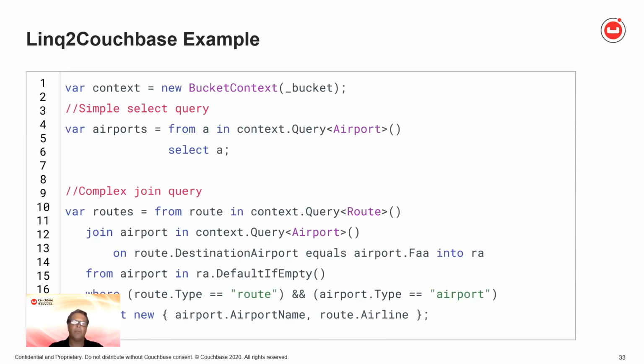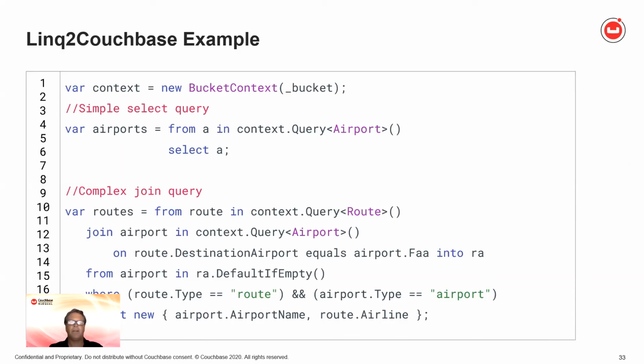Now, here's an example of using Linq to Couchbase in your application. This is assuming that you've resolved the dependency with Linq to Couchbase from NuGet. So in line 1, we create a bucket context object, and we pass in a Couchbase bucket as a parameter.